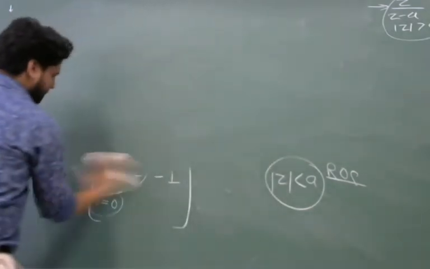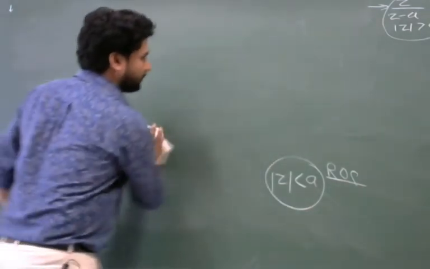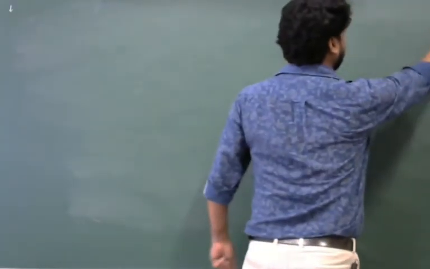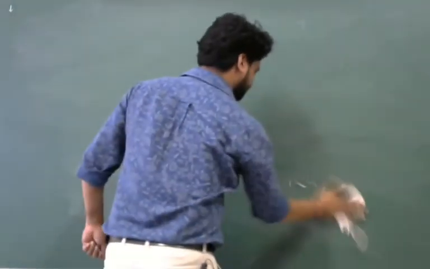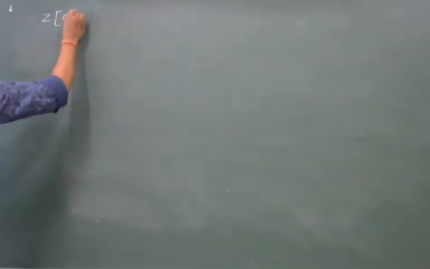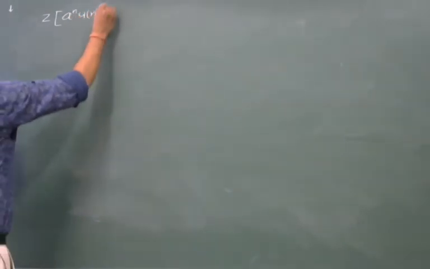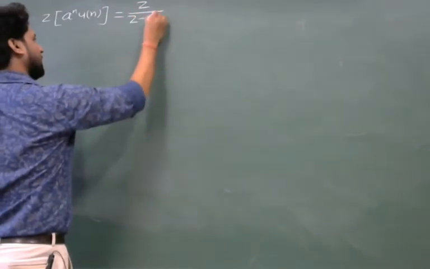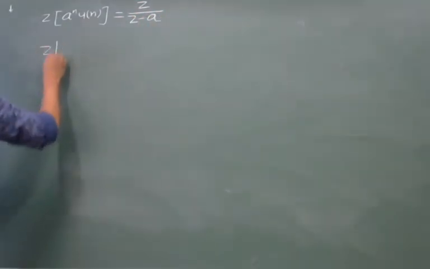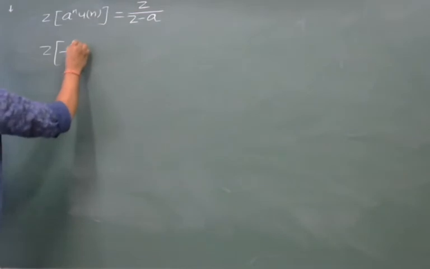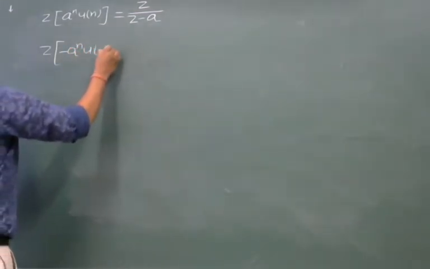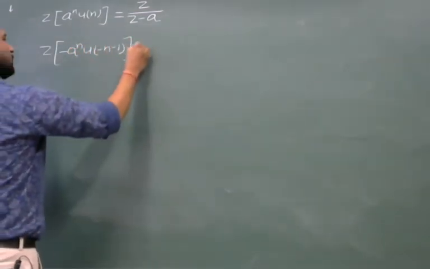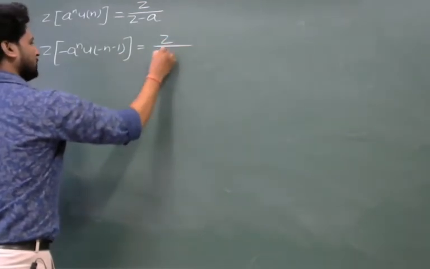The Z transform of a power n u of n is equal to Z upon Z minus a, and the Z transform of minus a power n u of minus n minus 1 is equal to Z upon Z minus a. This is what we have seen in the previous two cases.